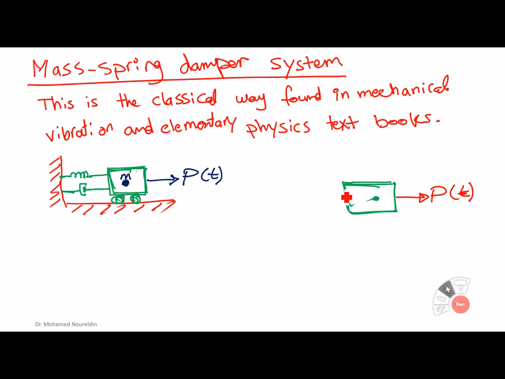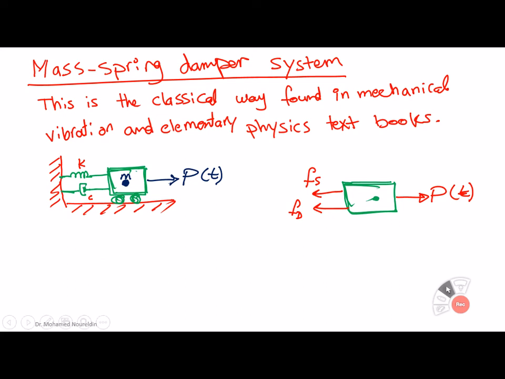There is a resisting elastic force that is going to be developed due to the spring stiffness, and the damping of the dashpot. So we are going to have here F of S, and here the F of D, right?